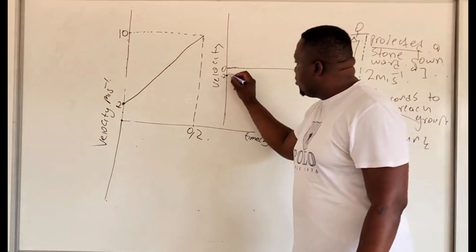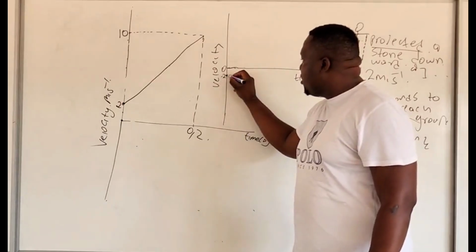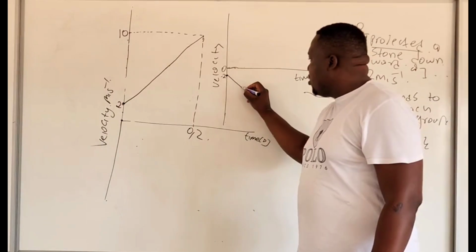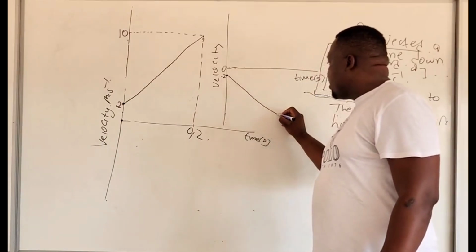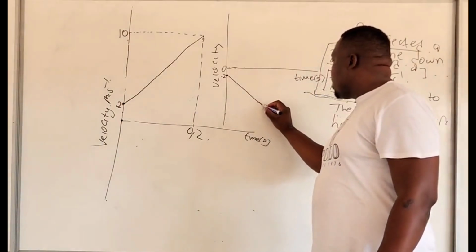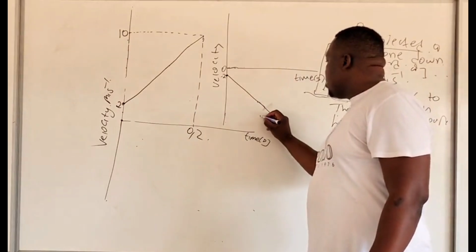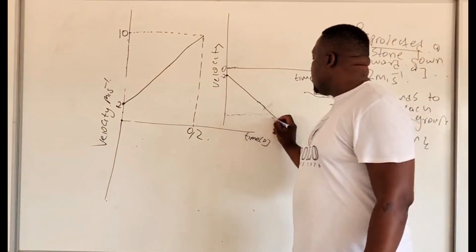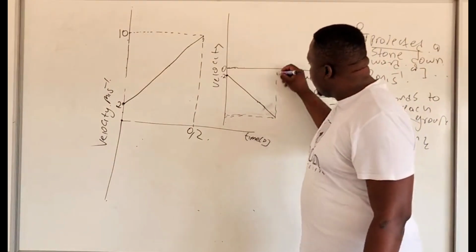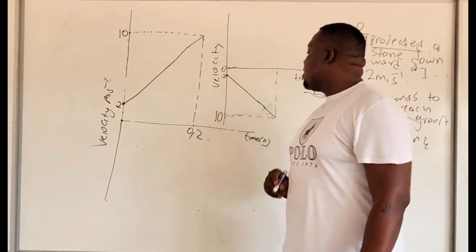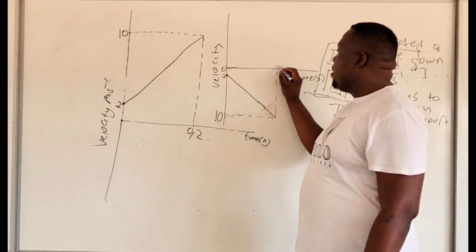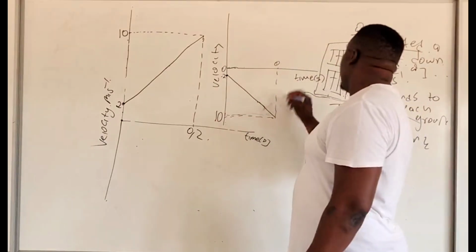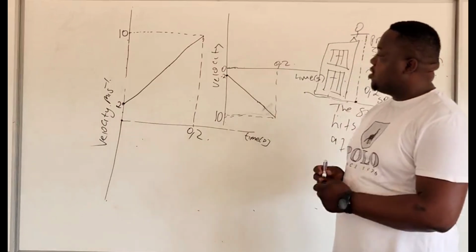Since it's negative 2, what will happen? The object will move like this, and its velocity is going to increase. This will be at 10 meters per second, the final velocity. Then it took 0.2 seconds to reach this.